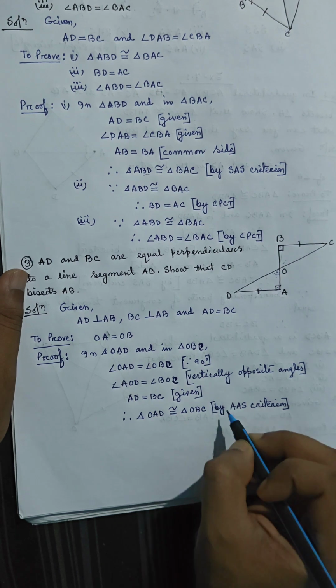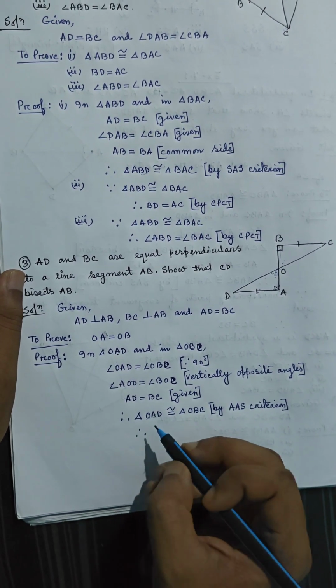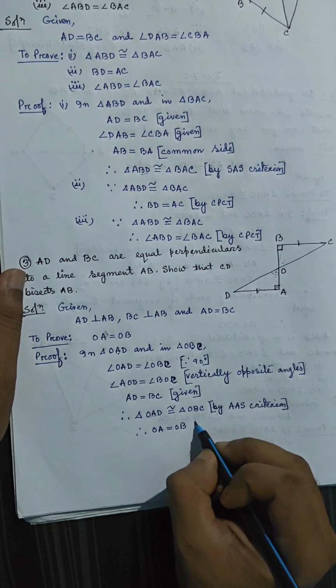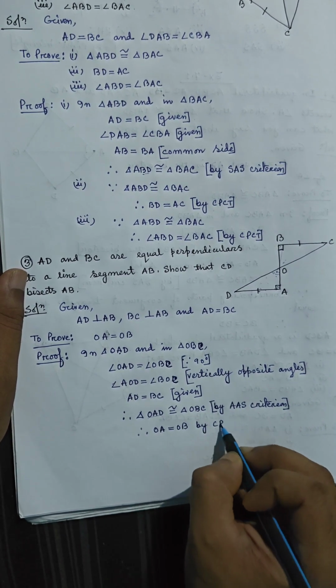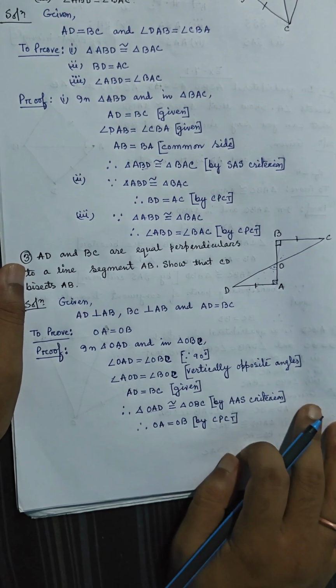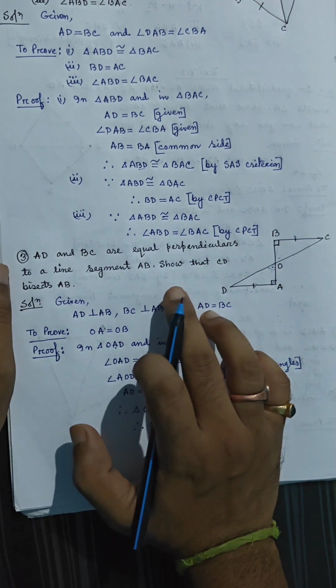Since these two triangles are congruent, now by CPCT, I can say OA is equal to OB. How? By CPCT. Since OA equal to OB, then I can say CD bisects AB, since it is given in your question, show that CD bisects AB.